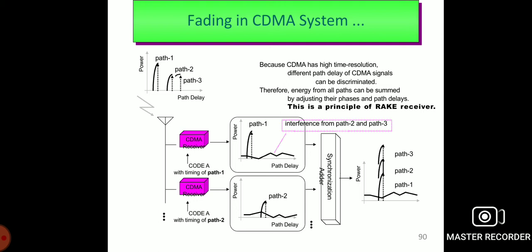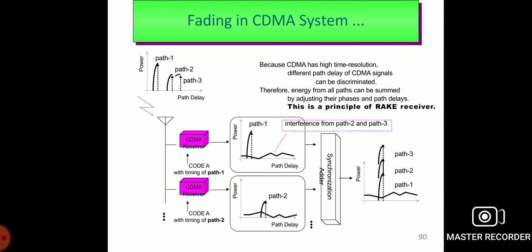So with CDMA, with different timing, we can allocate the different paths. A unique code of the frequency level can be divided into path 1, path 2 and path 3. The signals' frequency and power level will vary according to the path delay.